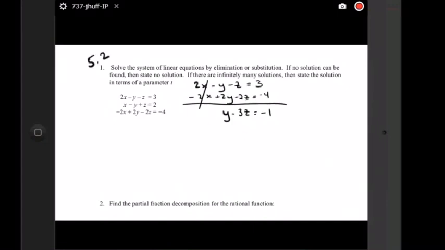But I've got to choose 2 other equations and do the same thing. I'm going to choose the second and third equation, but I'll multiply the second by 2.